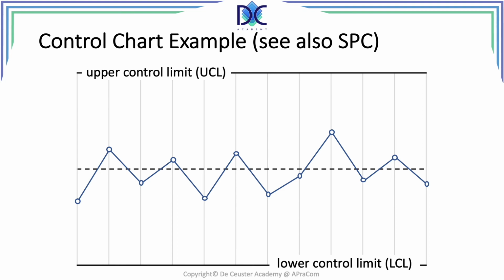The average is the dotted line. The upper control limit is the average plus 3 standard deviations at the top, and the lower control limit is the same, but 3 standard deviations below the average. Here we see a control chart which is basically in control, and we can see that because the sample averages are spread around the average, and that's the process that we want to have.